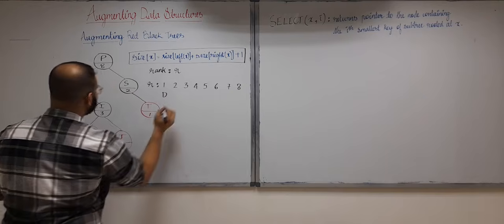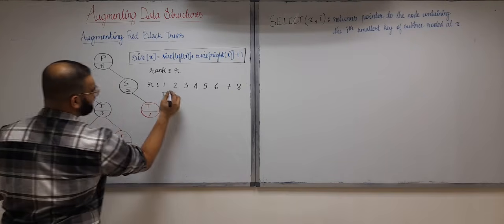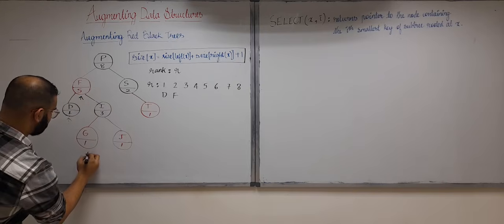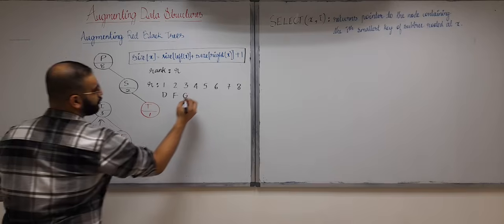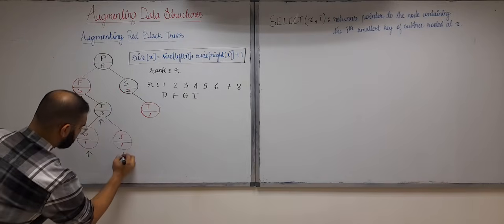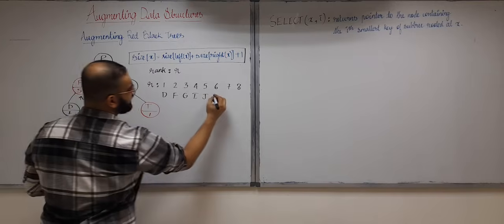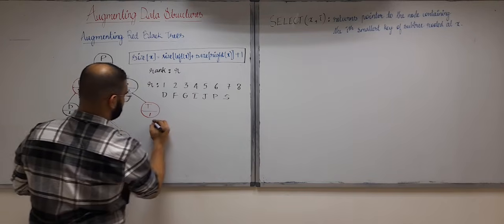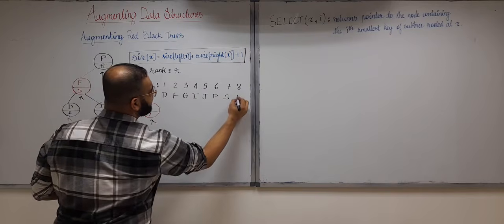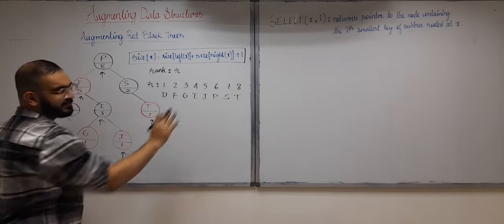So D, and then we will have F, okay? F will have rank 2, G will have rank 3, and I will have rank 4, J will have rank 5, and the rank of P is 6, the rank of S is 7, and the rank of T is 8, right? So these are the ranks for all these nodes, right?